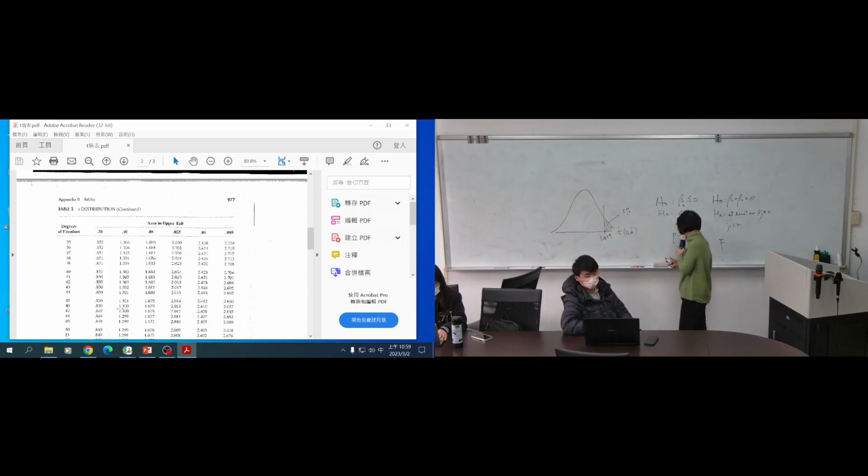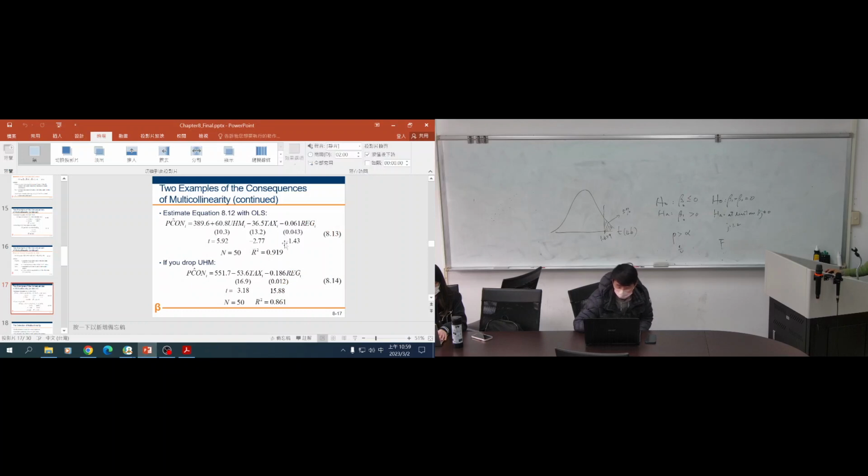Okay, let's go back to see our output. I have the t values 5.92, negative 2.77, and negative 1.43.